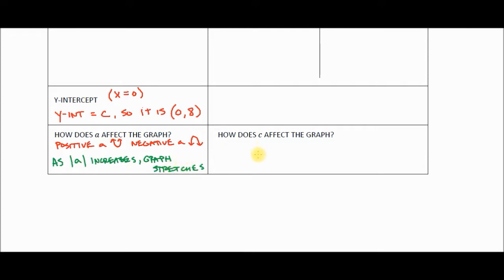Okay? Last thing, how does c affect the graph? Well, pretty simple.